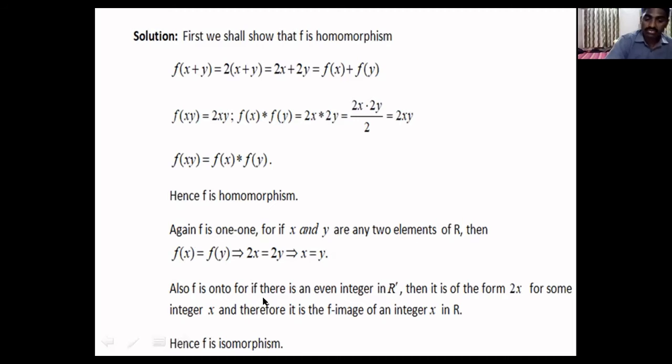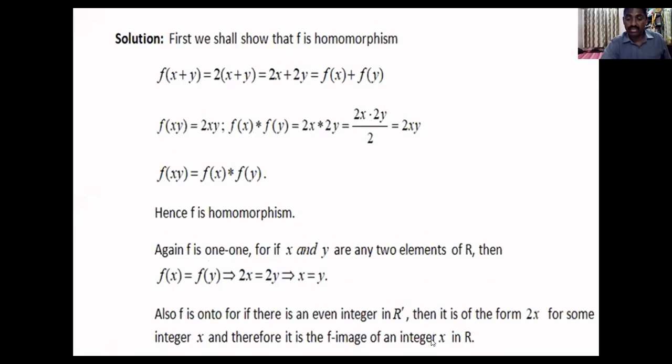Also f is onto, for if there is an even integer in R', then it is of the form 2x for some integer x, and therefore it is the f-image of an integer x in R.